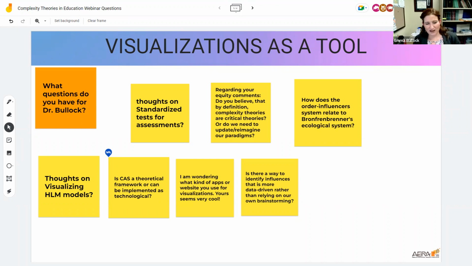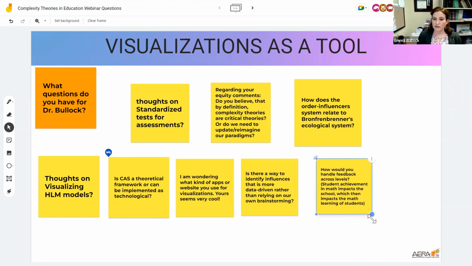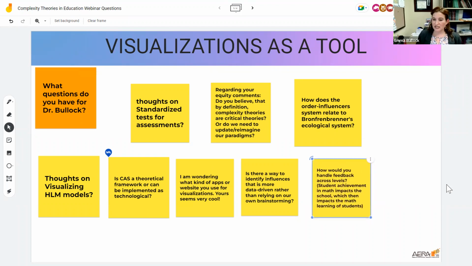Is there a way to identify influences that are more data-driven than relying on our own brainstorming? Absolutely. Because this is an iterative process, engaging in complexity-informed research is a complex process itself.